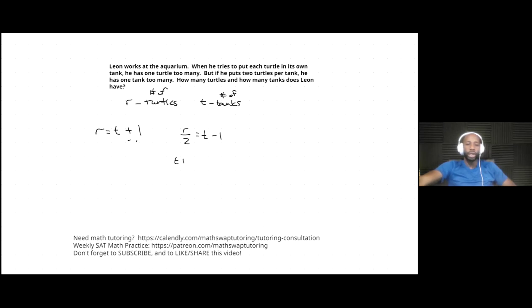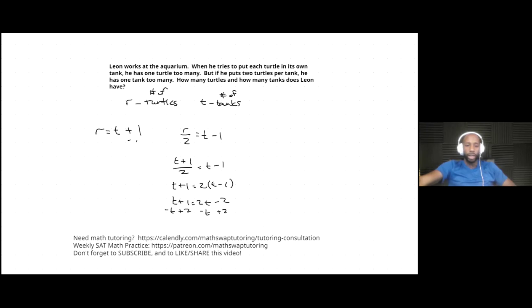T plus one over two is equal to T minus one. Cross multiply: T plus one equals two T minus two. So I'm going to move this over here, and this over here.